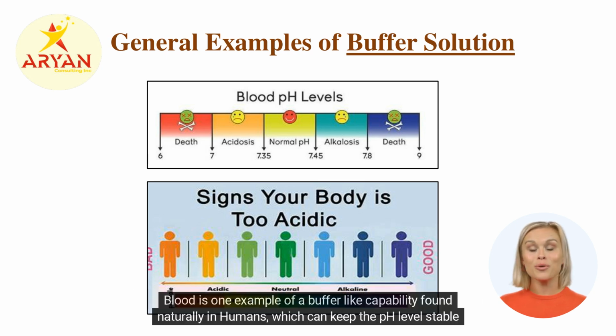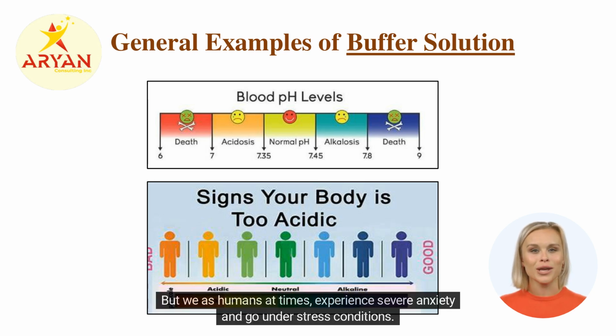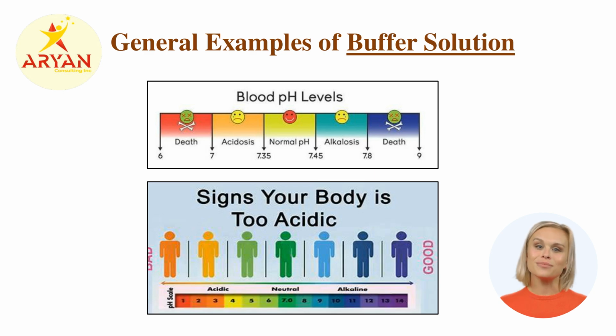Blood is one example of a buffer-like capability found naturally in humans, which can keep the pH level stable under all conditions. Let's understand that. Blood has a natural pH of 7.4. But we as humans at times experience severe anxiety and go under stress conditions. Certain types of strain and stress on the body can cause a condition called alkalosis.